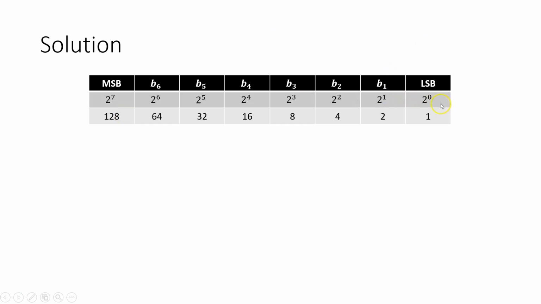This bit can mean 0 or 1, this bit could mean 0 or 2, this could be 0 or 4, and so on. If we add them all up, the maximum number is 255. So it can output numbers of 0 to 255 in decimal.